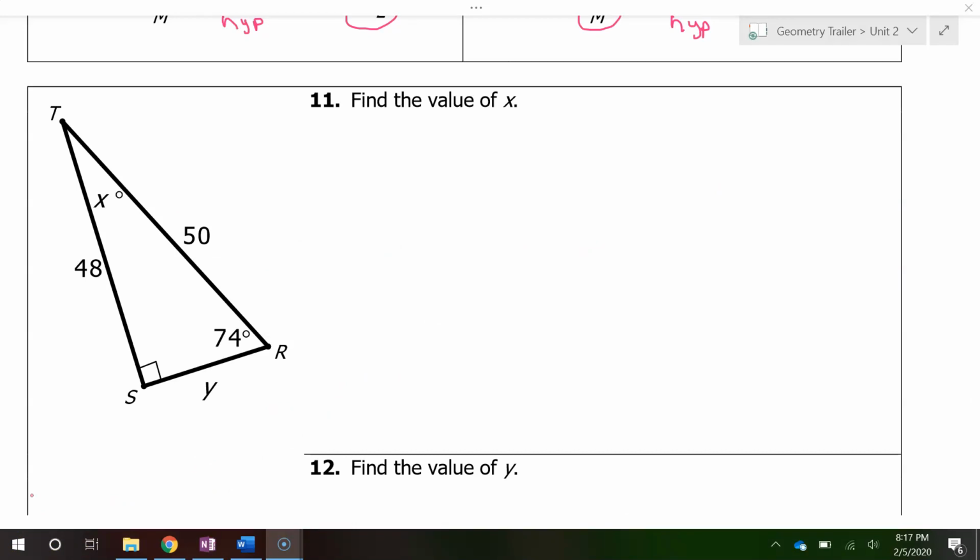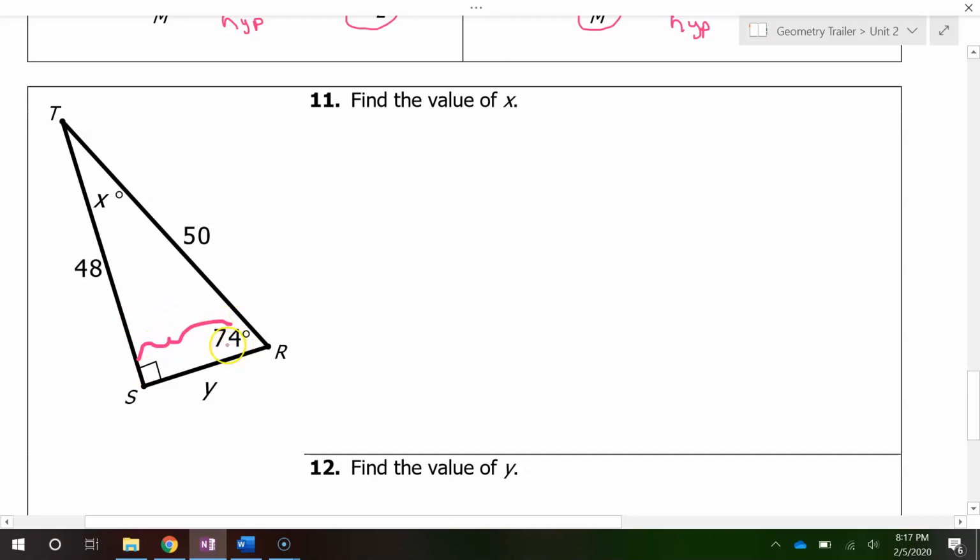All right, for number 11, we are meant to find the value of x. Notice that x is an angle, and notice that we have these other two angles already given. So we should be able to use the fact that all of these angles add up to 180. So let's add these two angles and subtract from 180.